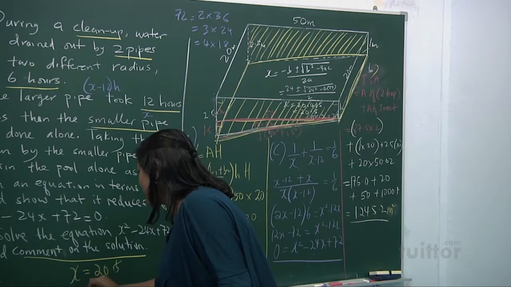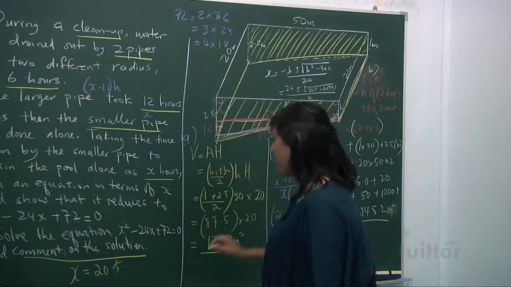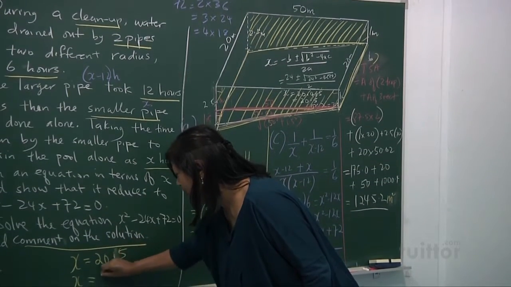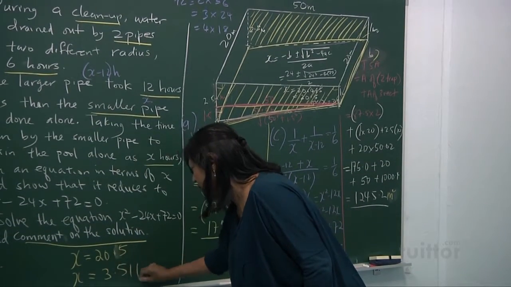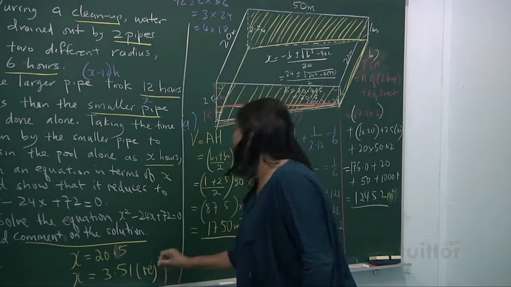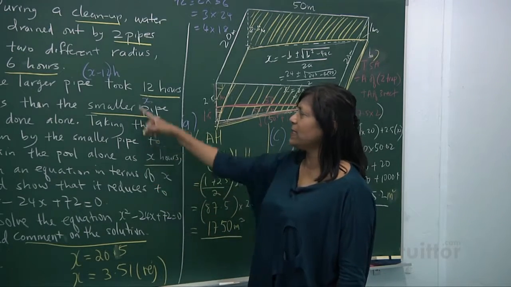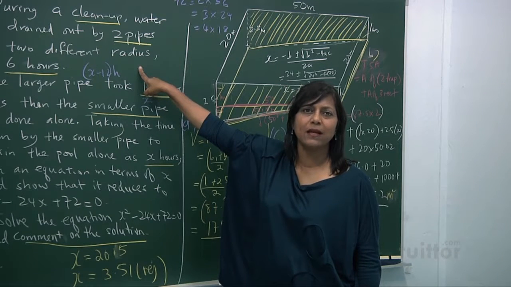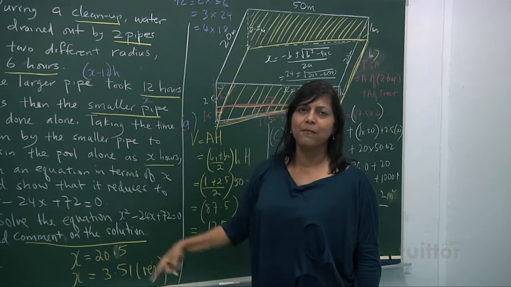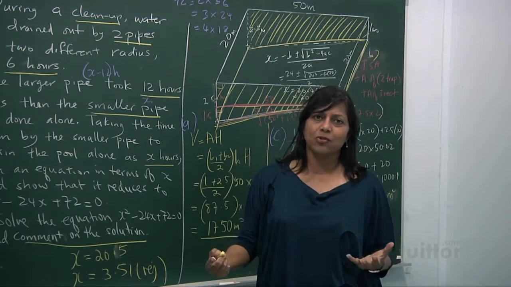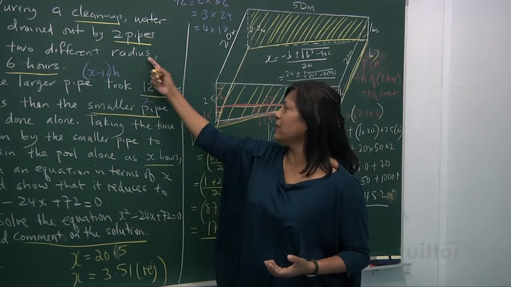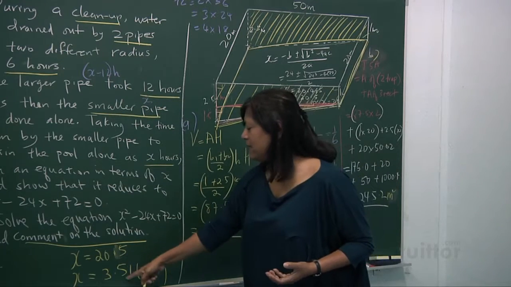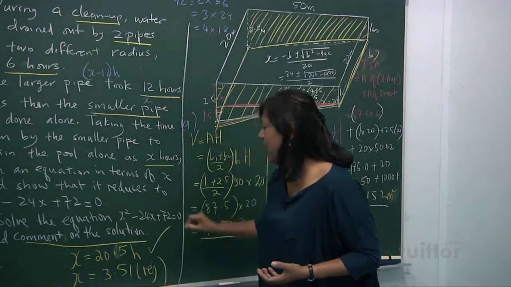And your other x, which is equal to 3.51, you have to reject it because when they tell us that 2 pipes take 6 hours, how can you take less? X is the number of hours that's taken to drain the pool. And you take the 2 pipes, large and the small, 6 hours. This is absurd.